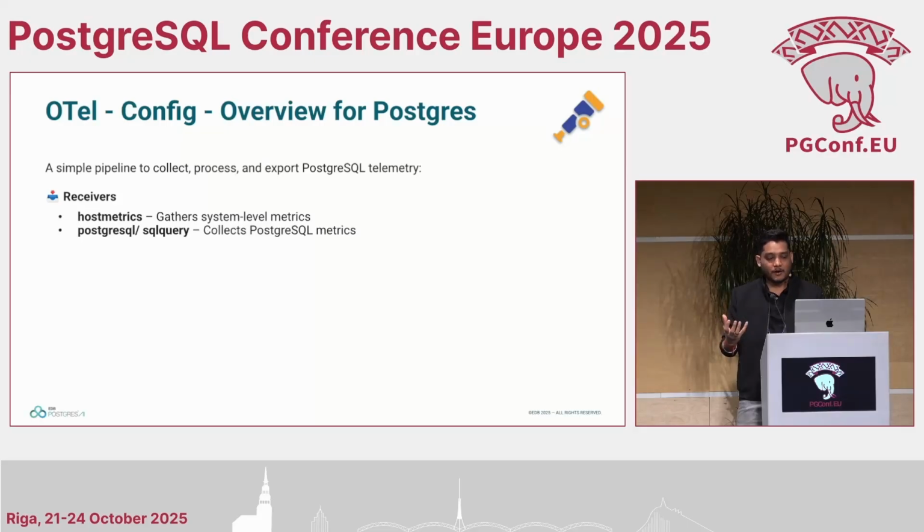Then we have the PostgreSQL receiver or the SQL query receiver, where you can write your own custom SQL to collect Postgres metrics based on your application, or based on your extensions if you're using those. And you can use the standard Prometheus receiver to collect Prometheus metrics.